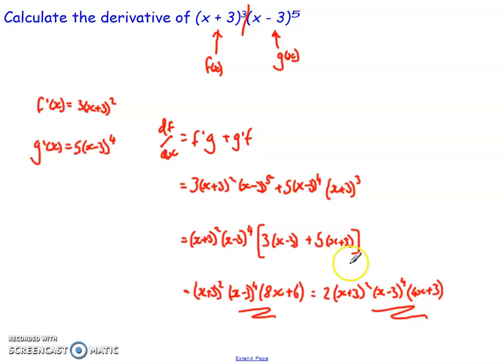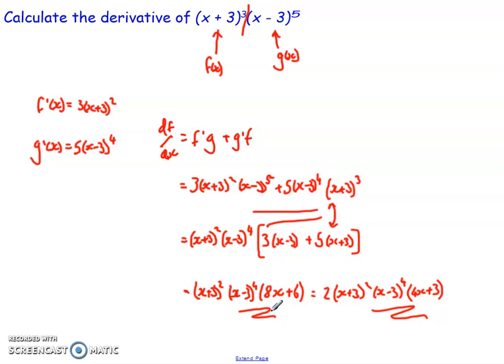Just be very careful of that bit. When you've got one like this and you end up at this point here, always look for a way to simplify it. Quite frequently, it will give you an answer where it's looking for 3 brackets in a set format, and it might ask you to tell them what the power is. So you have to be able to factorize it and simplify it at that point in order to be able to do it.